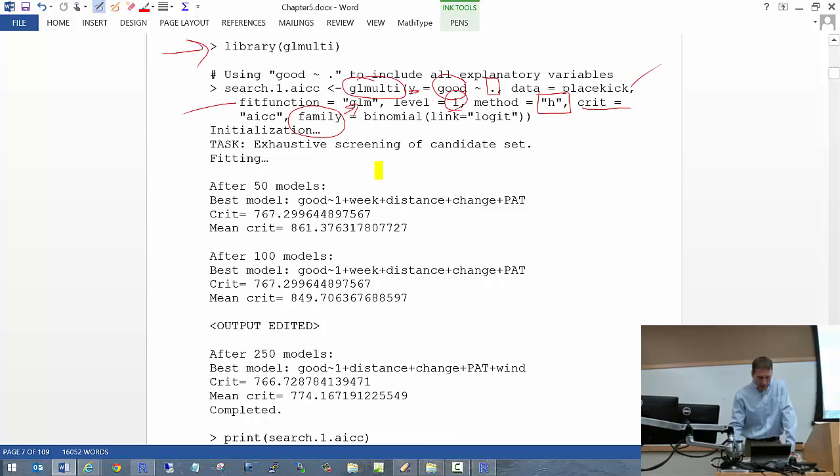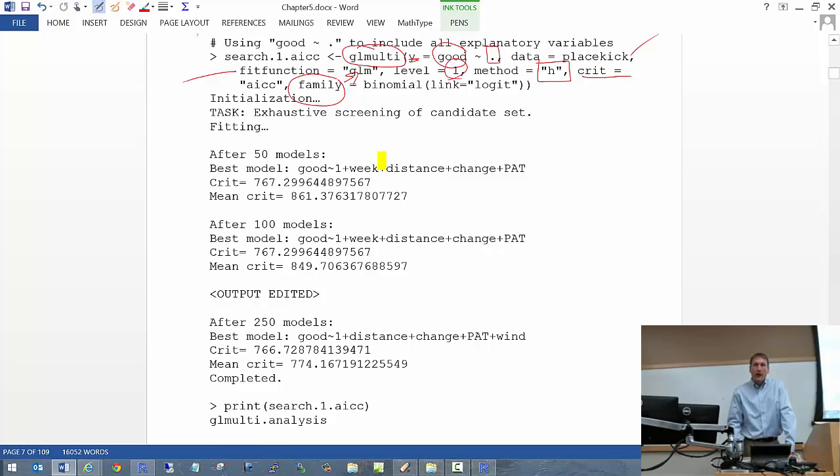Okay, so this is what happens. It's going to take a few seconds. And we see a summary after every 50 models that are estimated. And it tells you which one's the best so far. So the crit there corresponds to the corrected AIC.